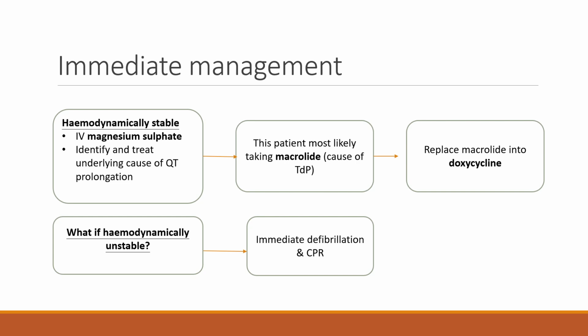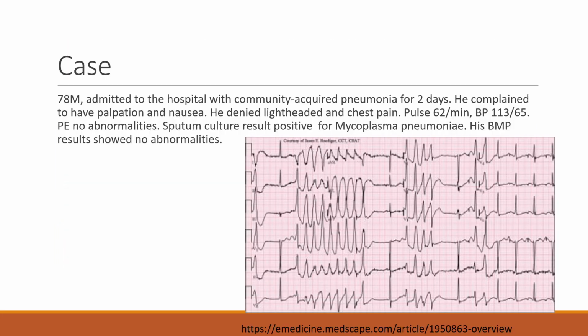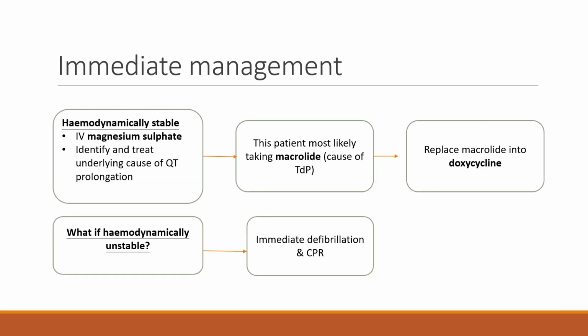And firstly, you have to think about why he got this long QT syndrome. We have to take a look at the history here. This is a very important point, because if you think about the antibiotics given for Mycoplasma pneumoniae, that is macrolide. This antibiotic is well known to be one of the causes of prolonged QT, so you have to replace this antibiotic with doxycycline.